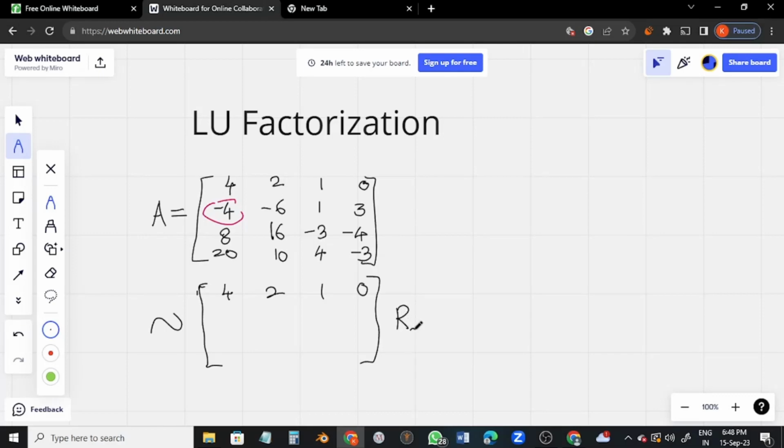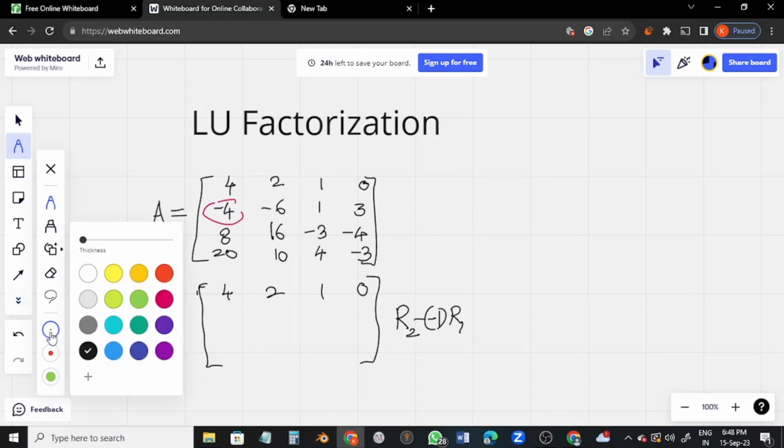We are changing second row, so first I have to write R2, and to that I will add this 4. So actually to add means to subtract negative. So -1 times R1. What I am doing is, from R2 I am subtracting -1 times R1.